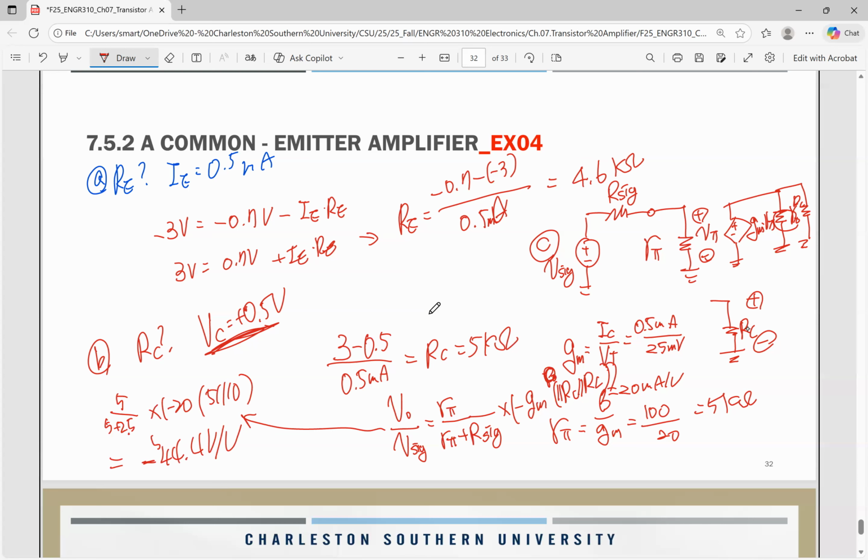You might ask me, we have a similar derivation before, especially right there. This is the voltage gain.